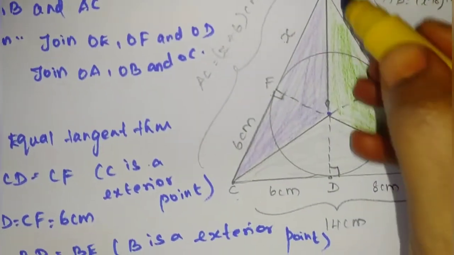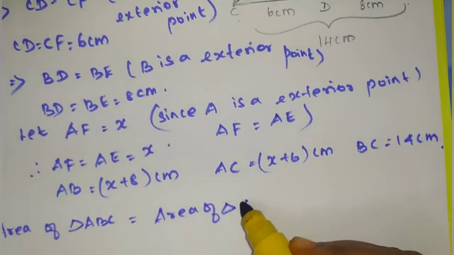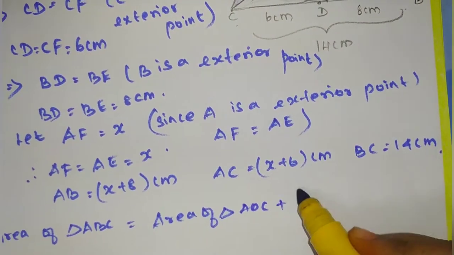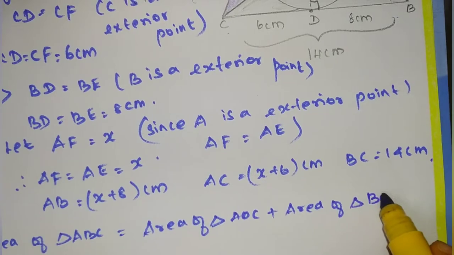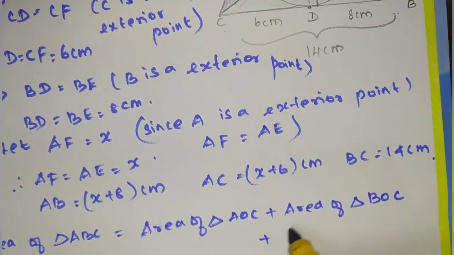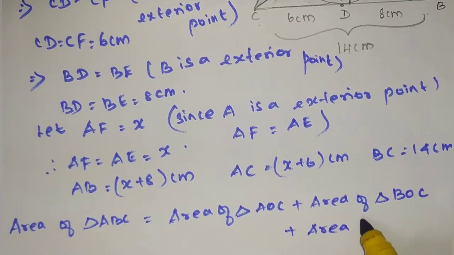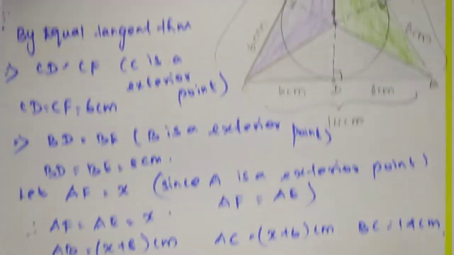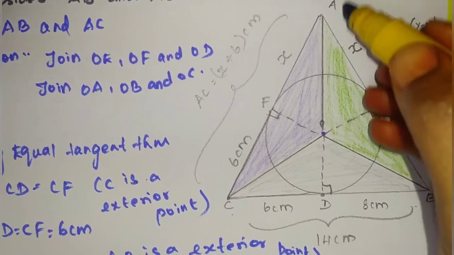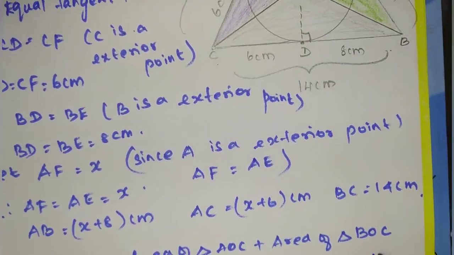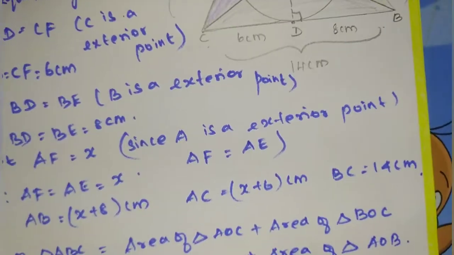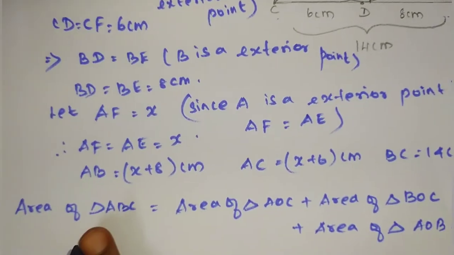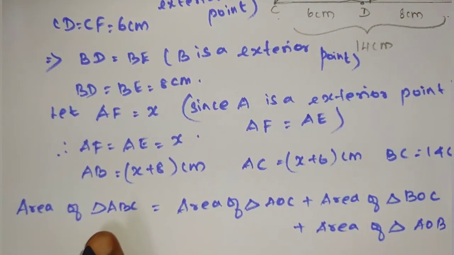Now, first, area of the full triangle: area of triangle ABC is equal to area of triangle AOC plus area of triangle BOC plus area of triangle AOB. 3 triangles. Okay. See here. First I am going to find the area of the full triangle.